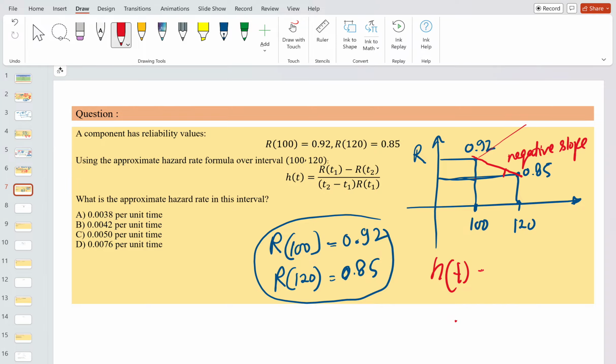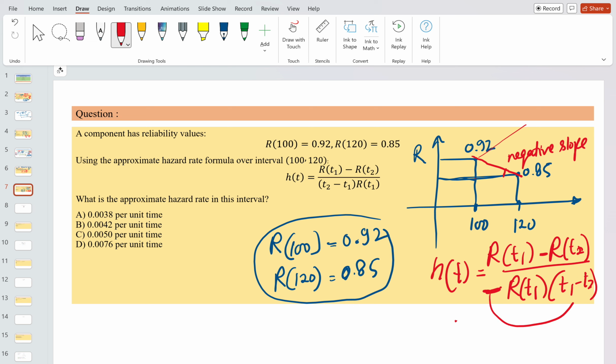H(t) is equal to (R(t1) minus R(t2)) divided by (t2 minus t1) times R(t1), or you can say that if you take the negative inside. This is similar to 1 upon R(t) times dR(t) by dt. So this is basically the hazard rate.